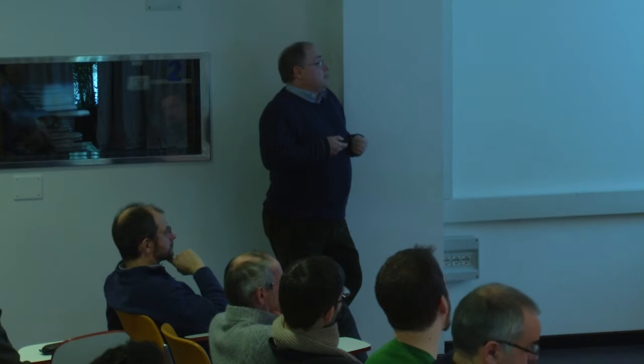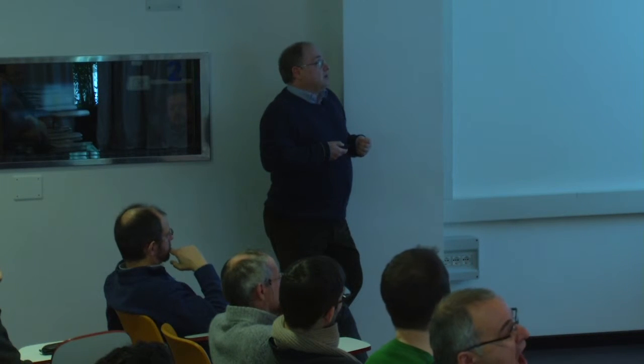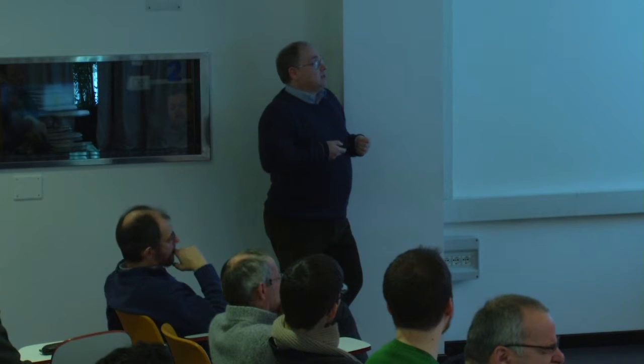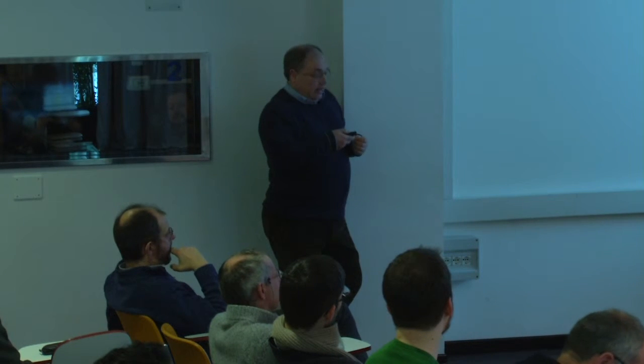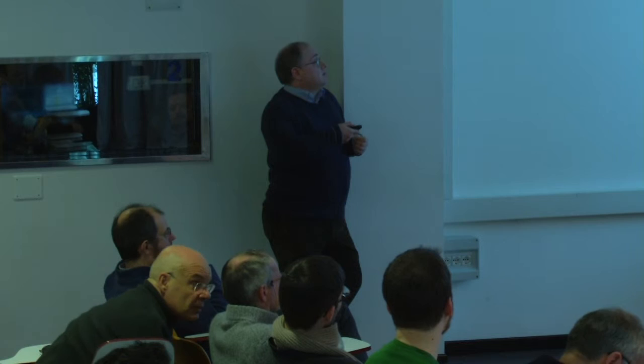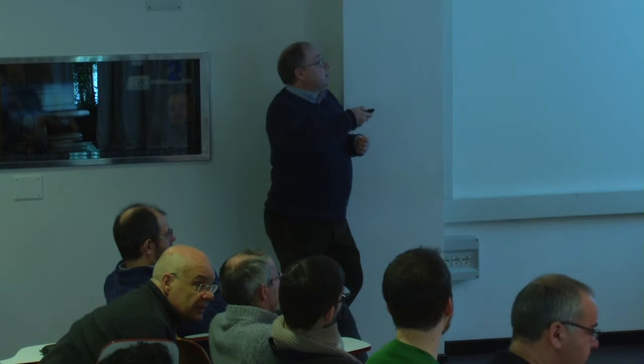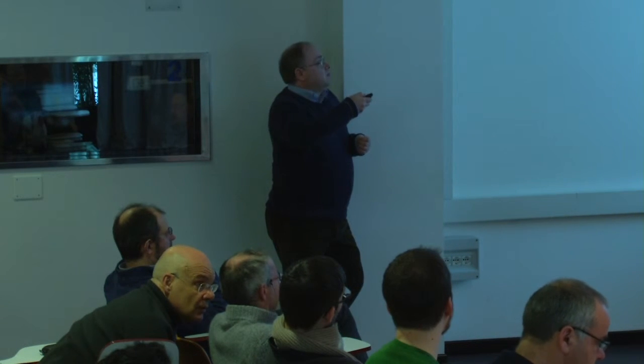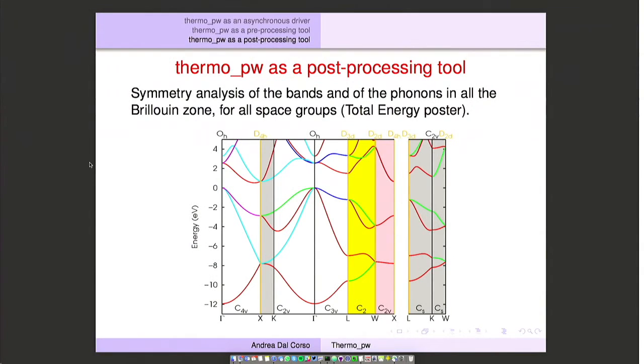But at the zone border and with non-symmorphic space groups, this is the example of silicon, which is non-symmorphic, there are points at the edge of the Brillouin zone, where the point group is written in orange, or the paths that are in yellow or in pink, where the irreducible representations of the point group are not enough to classify the bands.